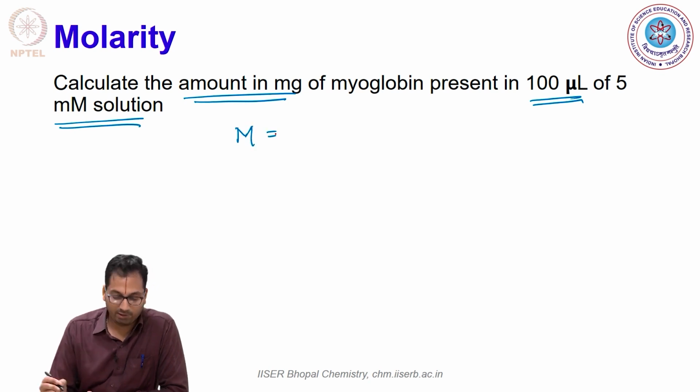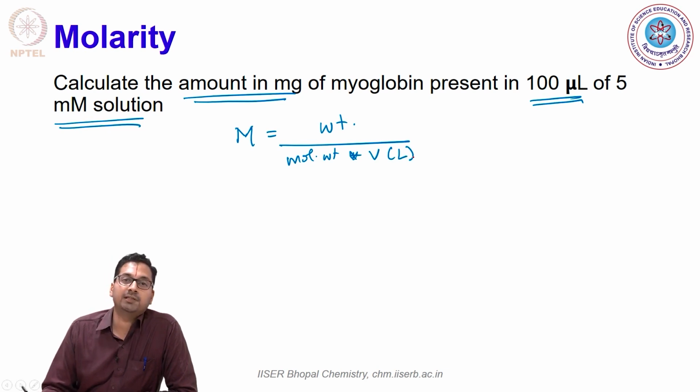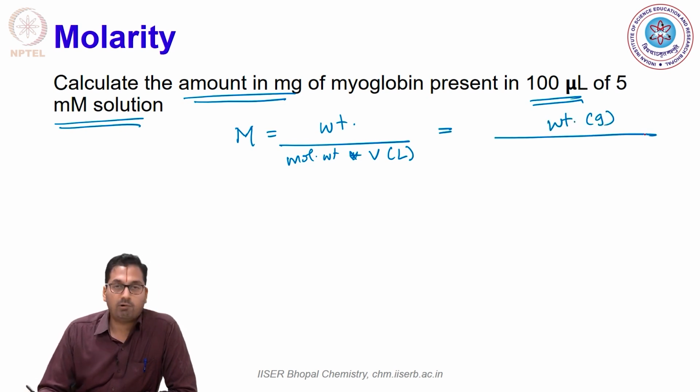Molarity is given by weight by molecular weight times volume of solution in liters. Here volume of the solution is 100 microliters. So we are asking what is the weight in grams. What is the molecular weight?